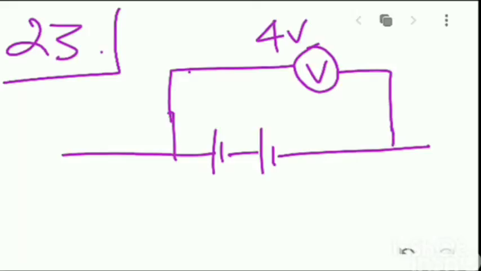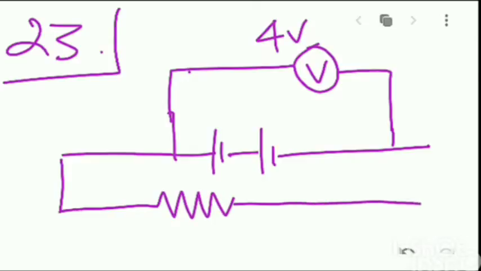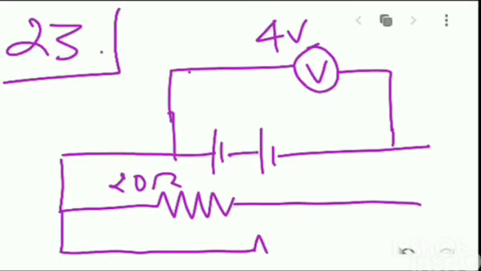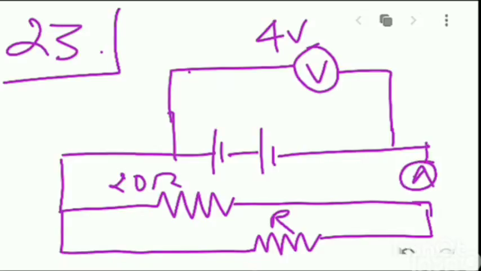And then there are 2 resistances. One is 20 ohms and another one is R ohms. They are in parallel and they are connected with an ammeter here and joined with the battery. The ammeter reading is 0.4 ampere as per the circuit.